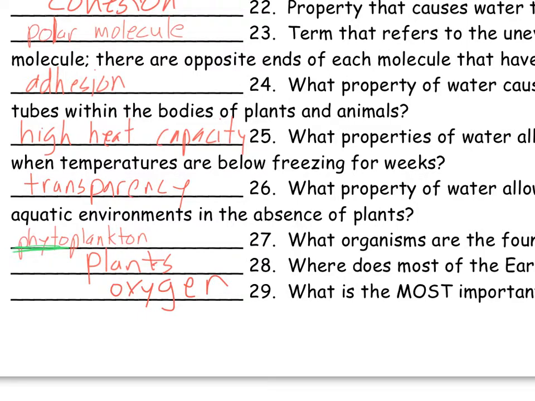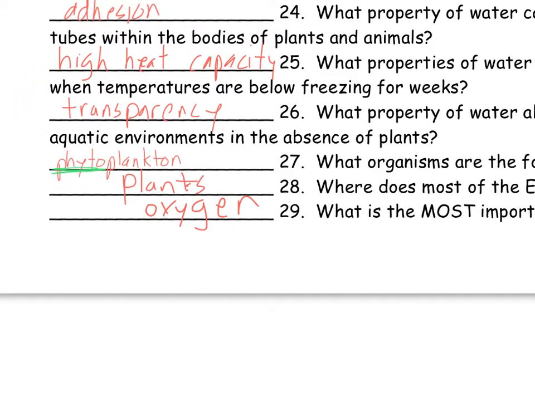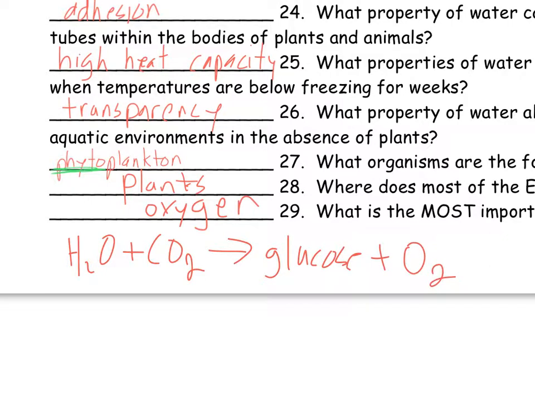You could argue, because here's the equation for photosynthesis: water, and this is not the balanced equation, plus carbon dioxide, yields glucose plus oxygen. Yes, oxygen is important. We have to have it to breathe, but you could argue that glucose would be the most important product and that oxygen is just a waste.